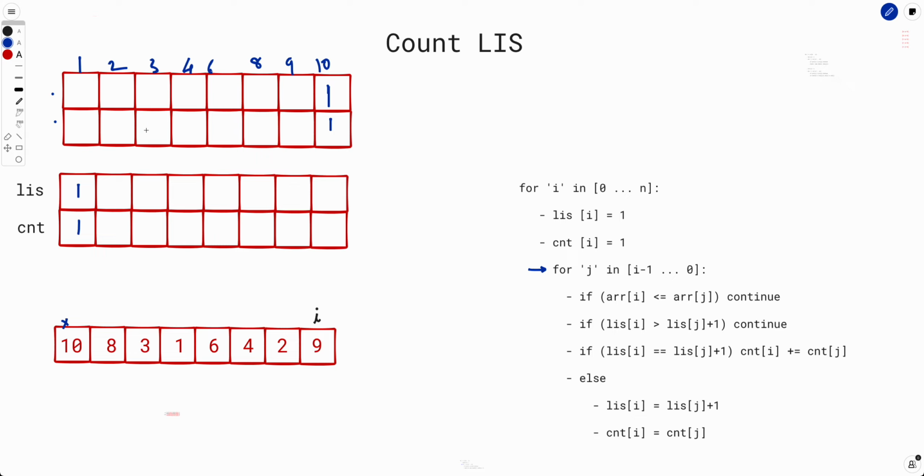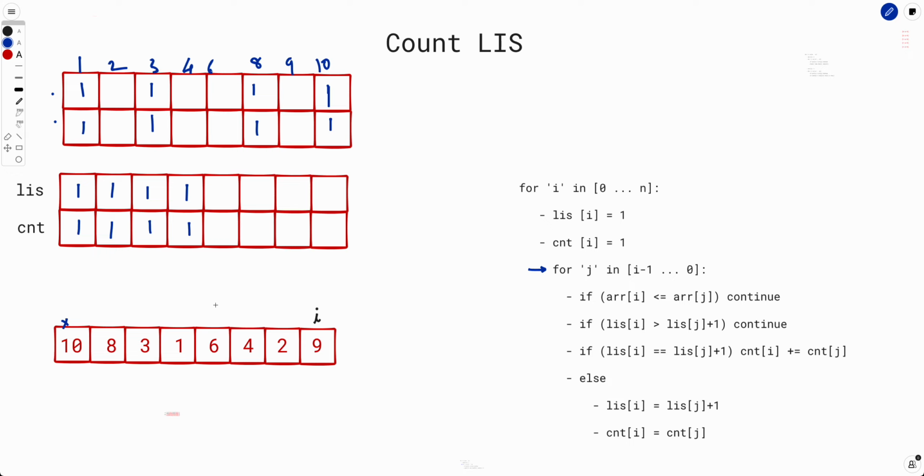Currently everything again is 0, so it will come out as 0. So the length of the longest increasing subsequence is 1, and there is one possible subsequence, and you will update 8 here. In the same fashion, 3 will also be 1 because everything before 3 is 0, right? So you will update 3 as well, and in the same fashion, 1 will also be updated to 1.